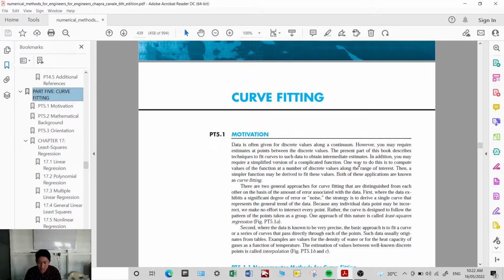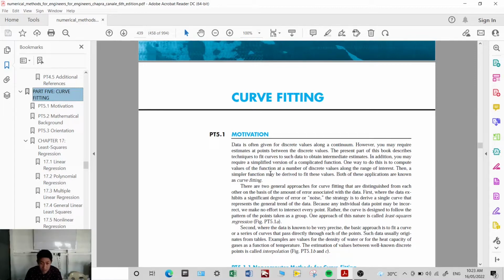In addition, you may require a simplified version of a complicated function, or you want to get values intermediate between two certain points which are not present on your table. So all those I have mentioned are part of what we call curve fitting.